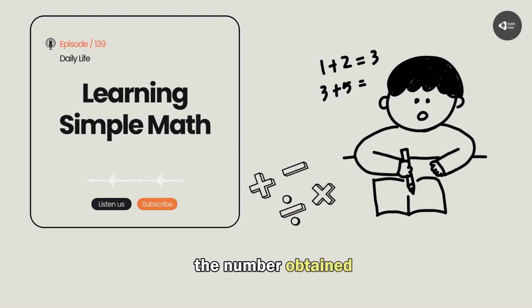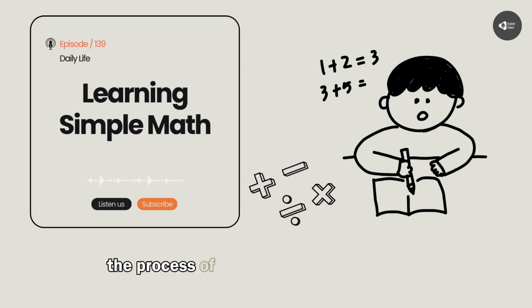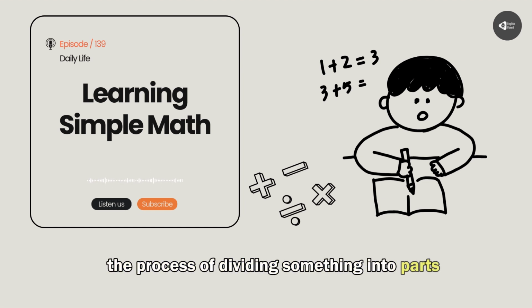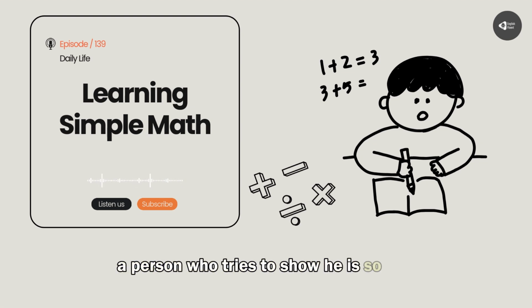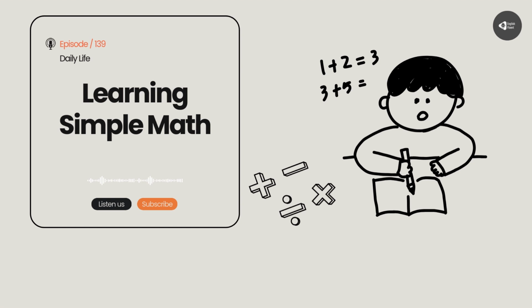The number obtained when a number is multiplied by itself. Square root. The process of dividing something into parts. Division. A person who tries to show he is so smart. Smarty pants.